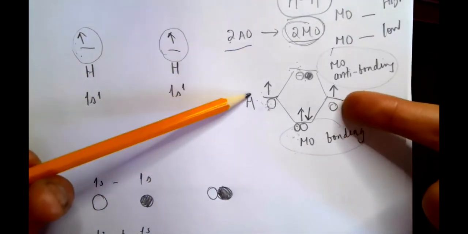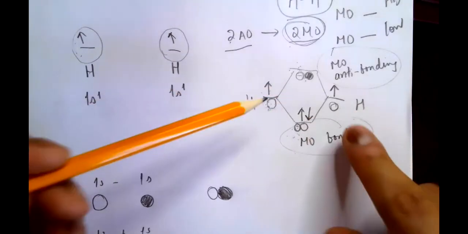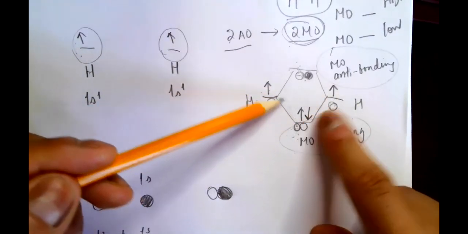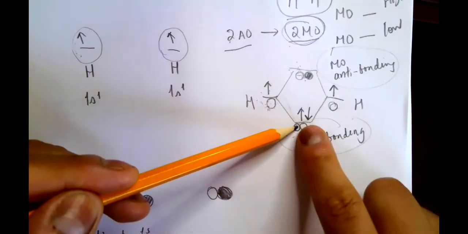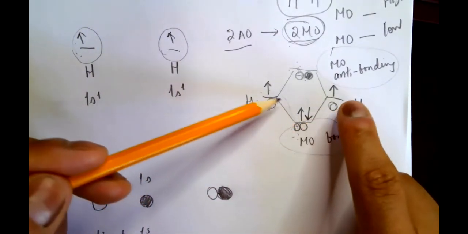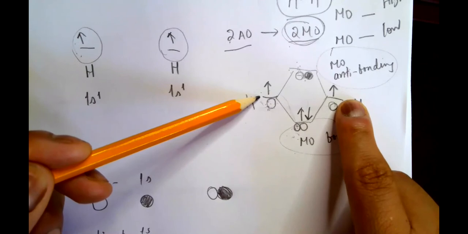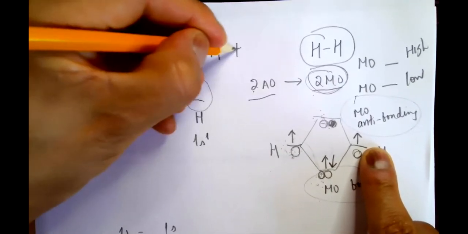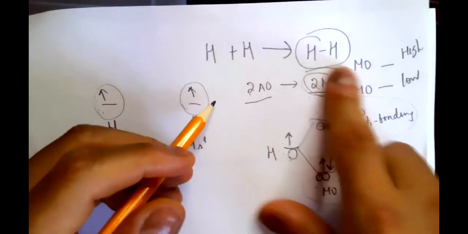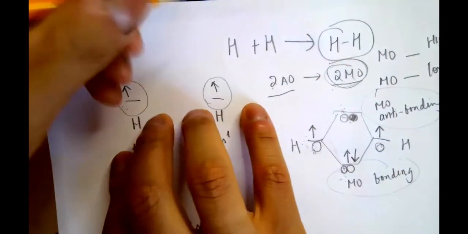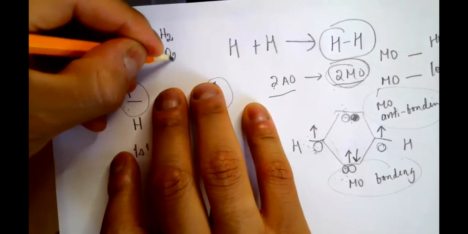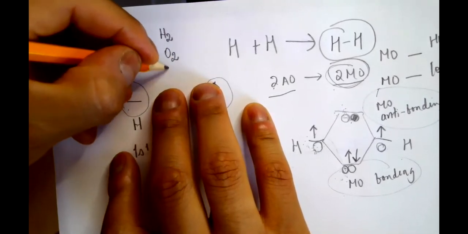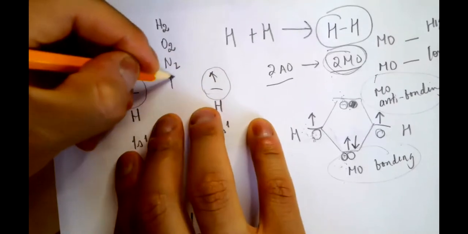Because when hydrogens invest their electrons to form a molecule, the electrons occupy an MO that is lower in energy, at least lower than the original atomic orbitals. Then is it a favorable process? Yes, it's a favorable process. Hydrogen and hydrogen will definitely do this. That's why hydrogen in nature exists as H2. You also see that O2, N2, F2.